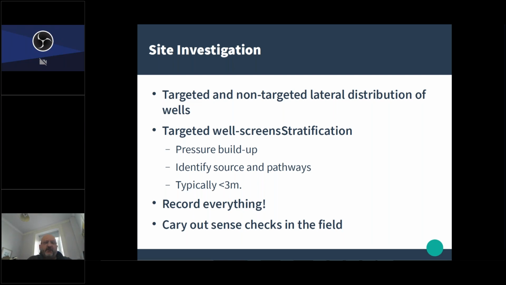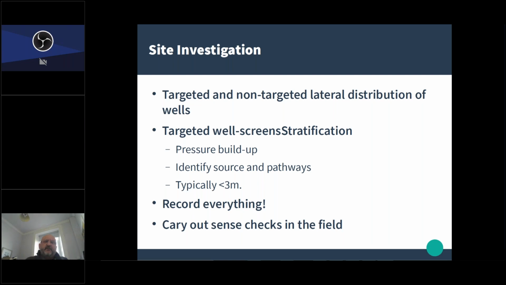You can get issues with stratification. CO2 is heavier than air. Methane is lighter than air. So if you've got a long well screen, you could easily get methane accumulating at the top. And when you're just pumping with a GA2000 or whatever, you've not a hope of equilibrating the borehole.